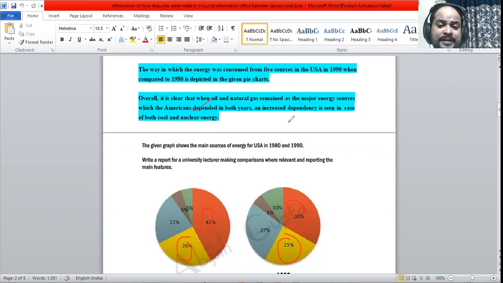An increased dependency is seen in the case of both coal and nuclear energy. Here it was 22, it was 5, so it became plus 5 here, plus 5 here. So the overall picture is given there.